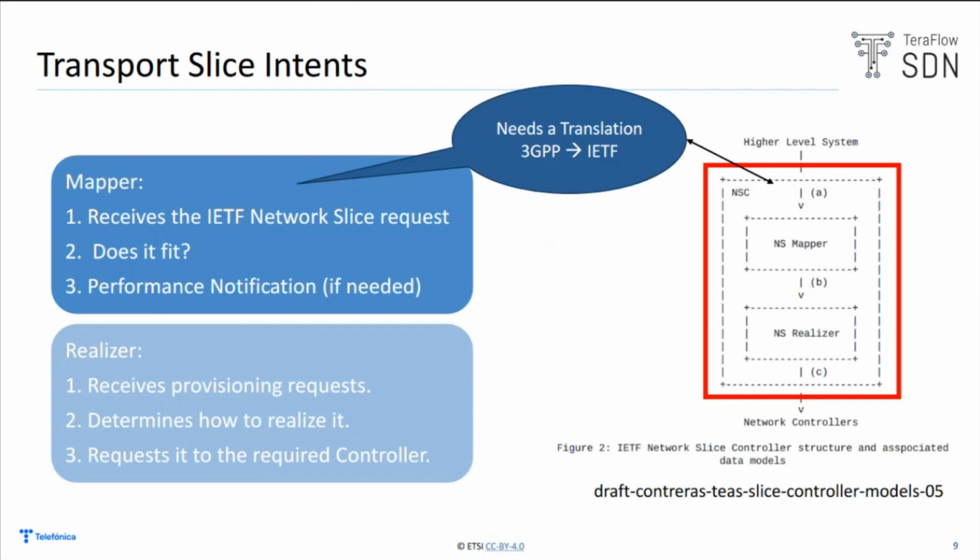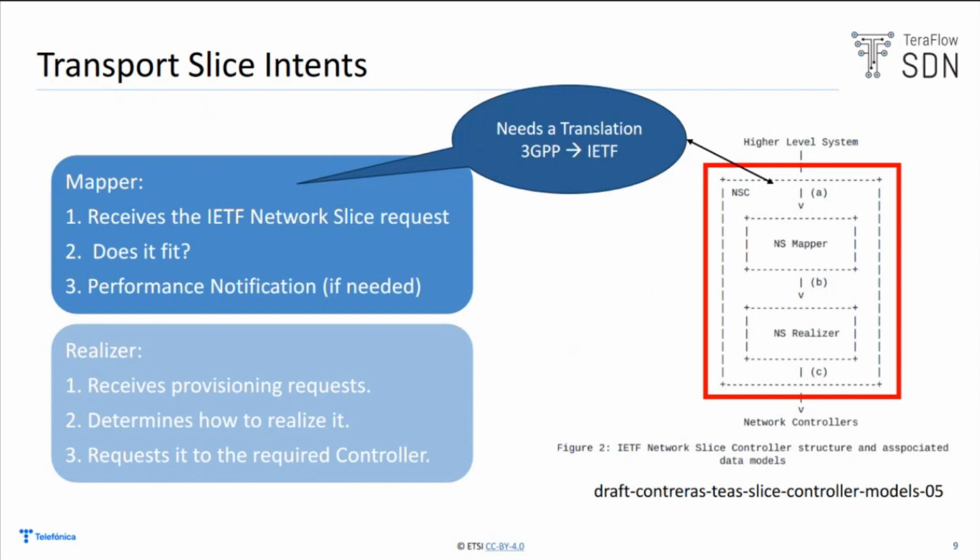As I explained, we start with the 3GPP intent. The first step is to translate this to the IETF format, so the mapper can read this intent and manage this information. The next step for the mapper is to check if this intent is possible to create as a network slice.